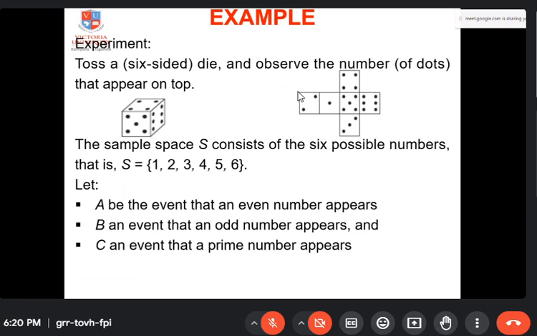And you remember we write them as sets because these are subsets of a big set S. Now, event B is an event that an odd number will appear. So what do we have in set B?